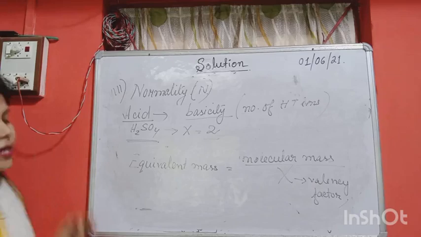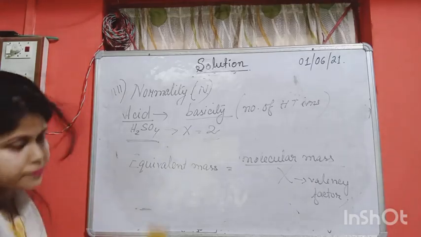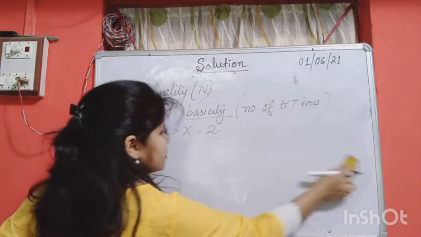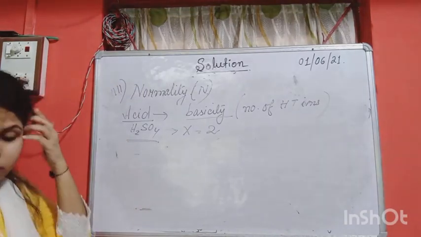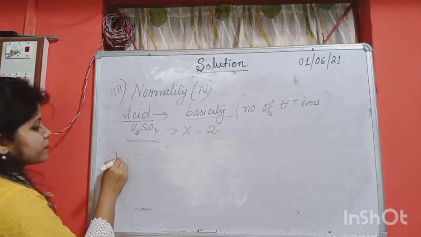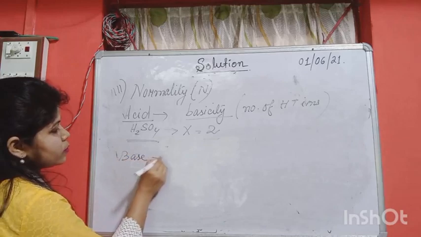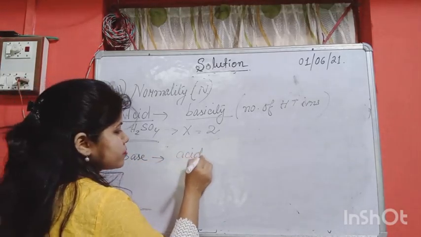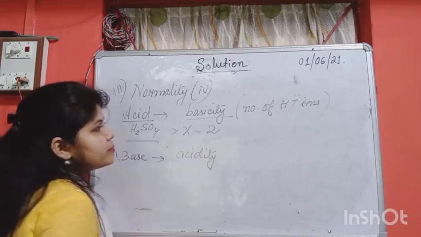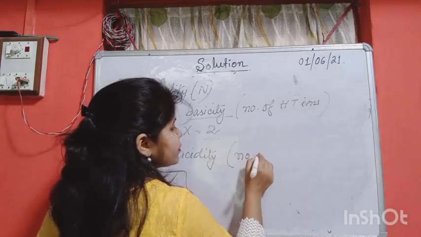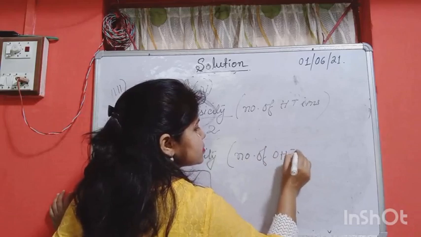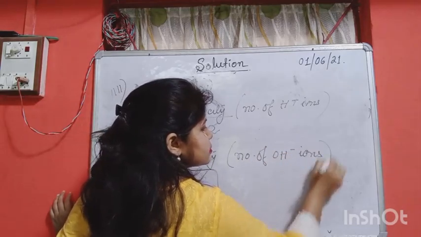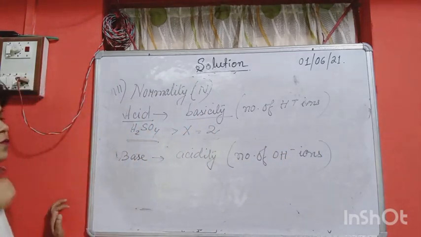Okay. Now next, the base. For a base, we have to know the acidity. That means the number of OH minus ions.